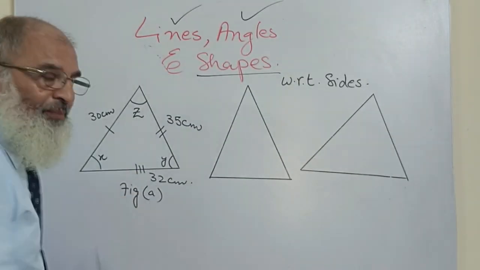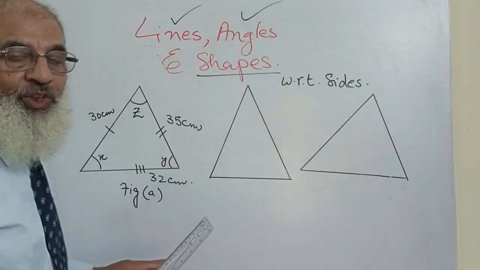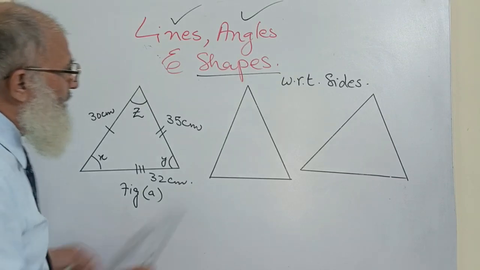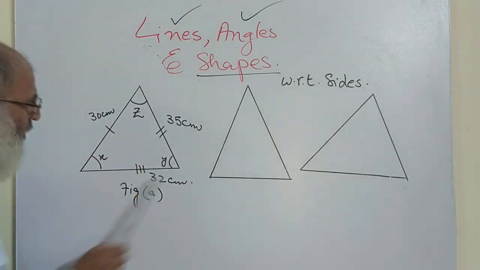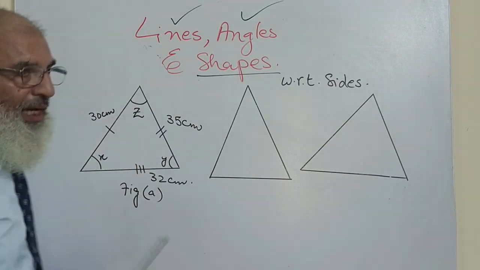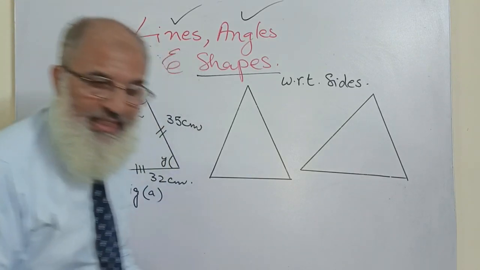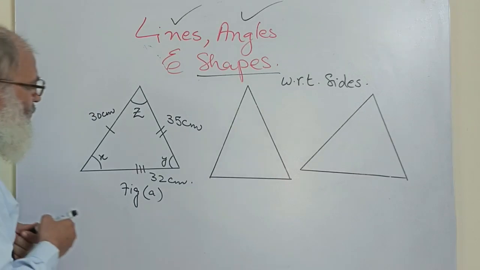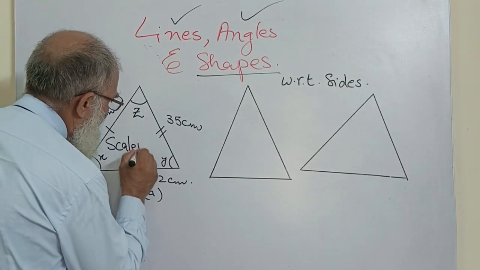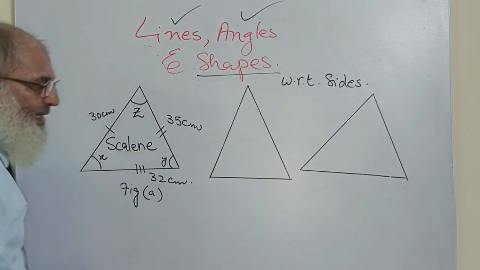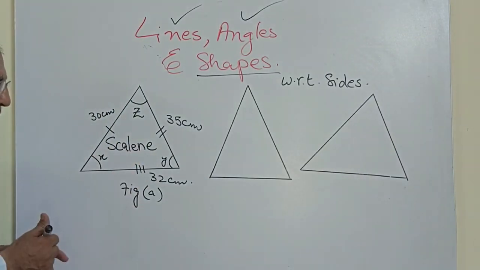X is not equal to Y, and Y is not equal to Z. Z is not equal to X. So these all are different. That means with respect to their sides, when we say that all sides and all angles are unequal or different, then we call it a scalene triangle. Now this is a scalene triangle.